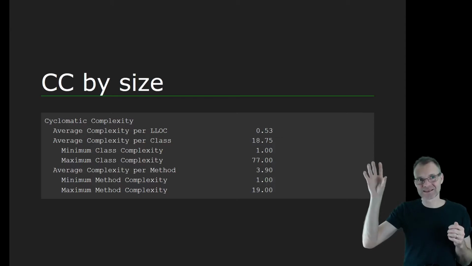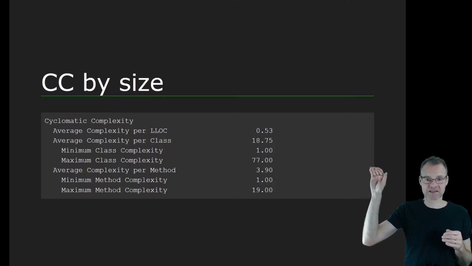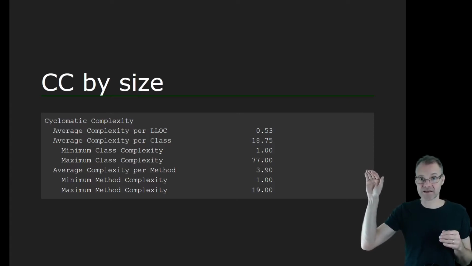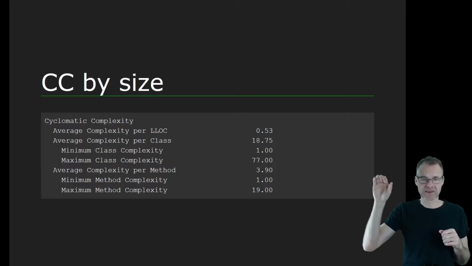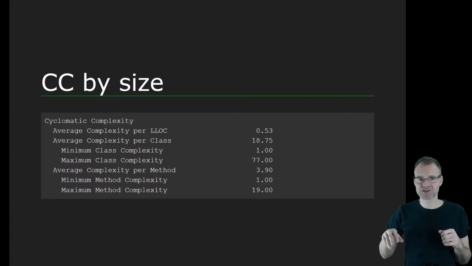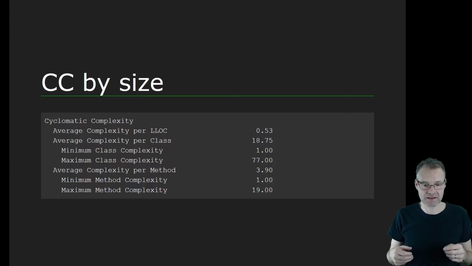So each class in general has almost 19 of complexity. Okay, maybe I can relate to that. The maximum class complexity is 77, and the minimum is only 1. So 1 is a not complex class, but 77 decision points in that class. Yay, something's happening in that class.